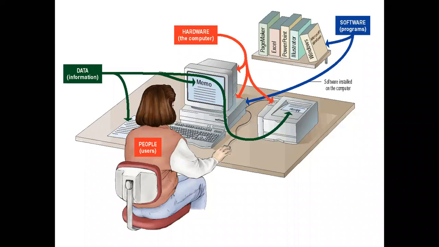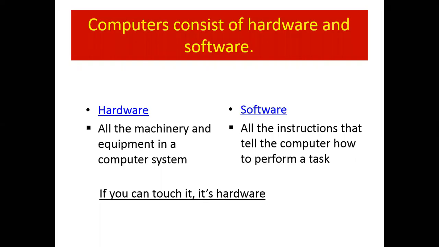The basic software is system software, and under system software we have operating system software. A computer consists of hardware and software. All the machinery and equipment in a computer system is known as hardware, and all the instructions that tell the computer how to perform tasks are named software.